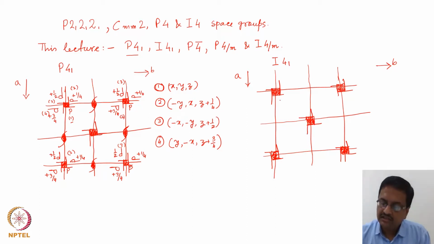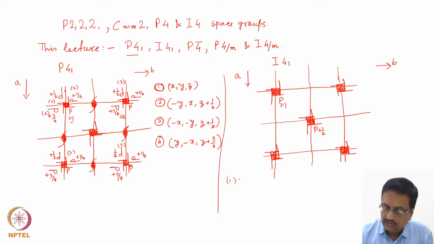You remember that we have point P at the corner and a point halfway up at the center as well, because this is an I-centered lattice, which means you have one object at point number 1, which is x, y, z, and point number 5, which is x plus half, y plus half, z plus half.